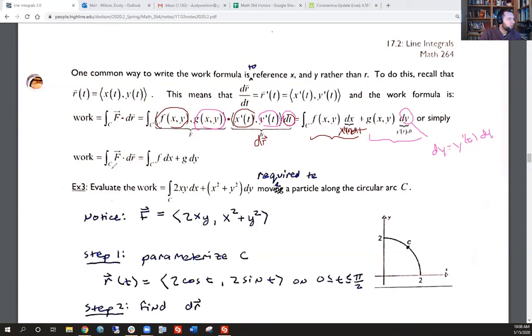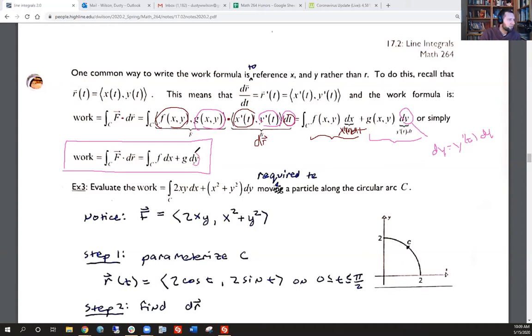So the moral of the story is that we end up with this second version of the work formula. Work is equal to the line integral of f dot dr. It's also equal to the line integral of f dx plus g dy.